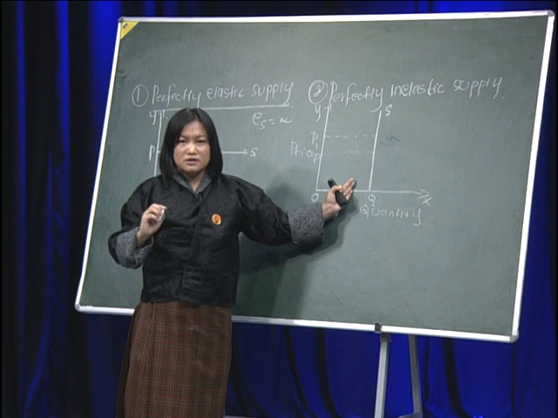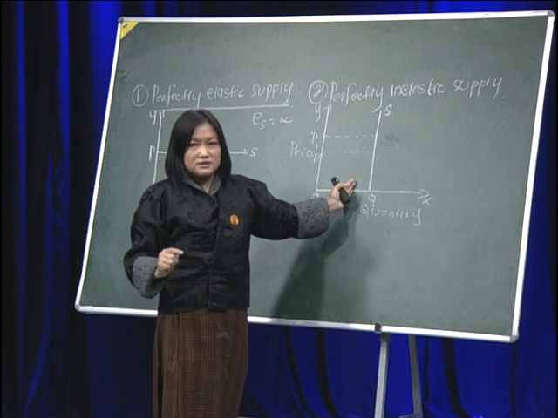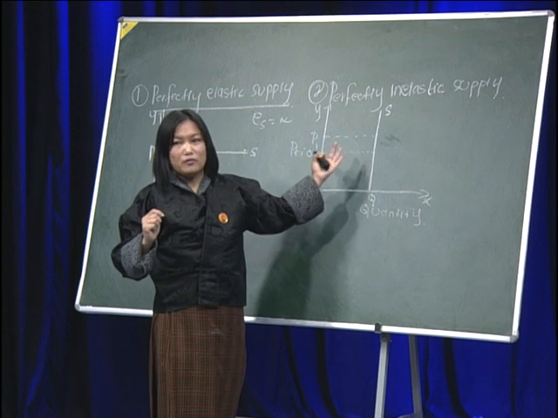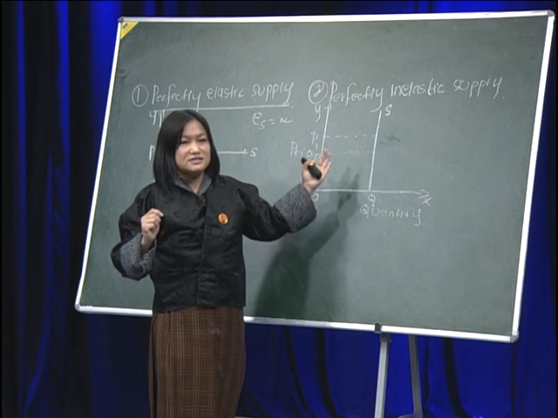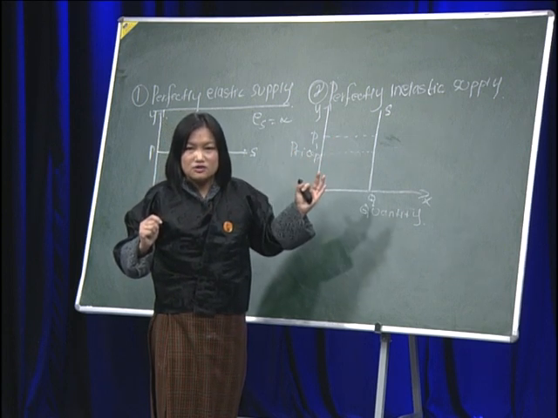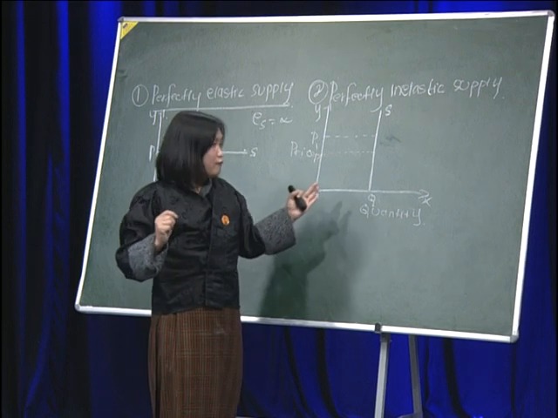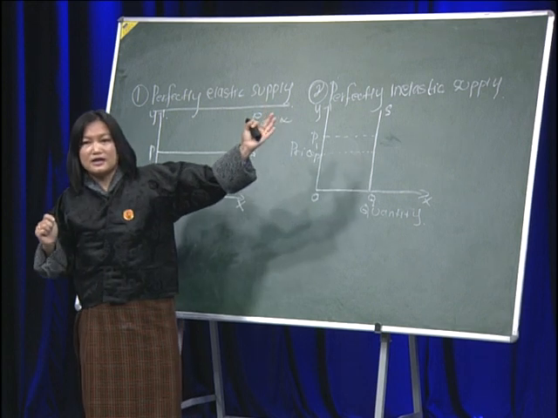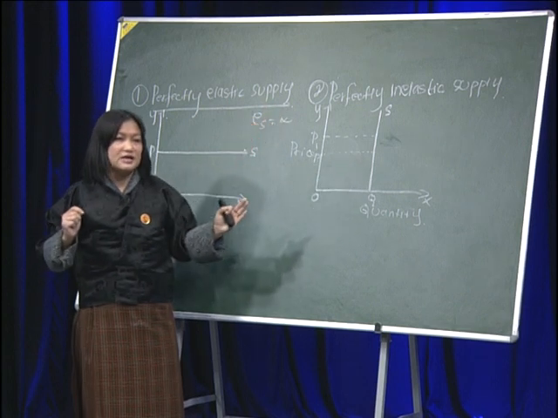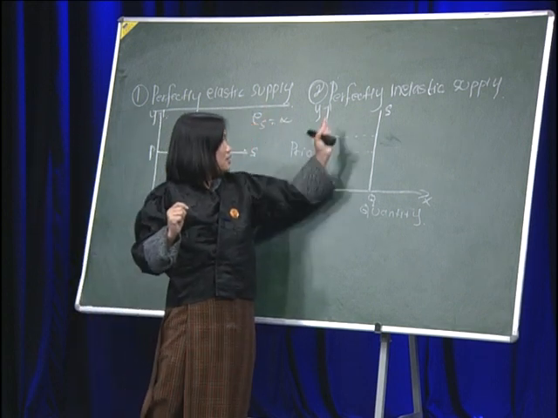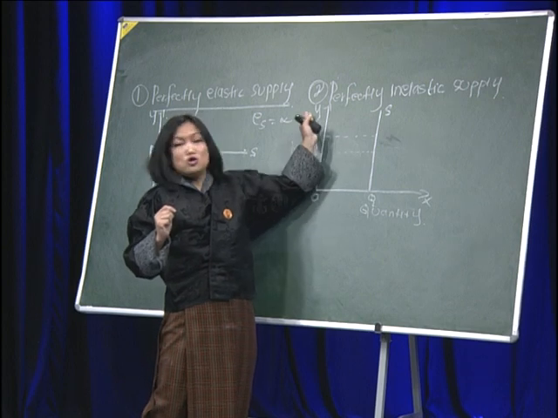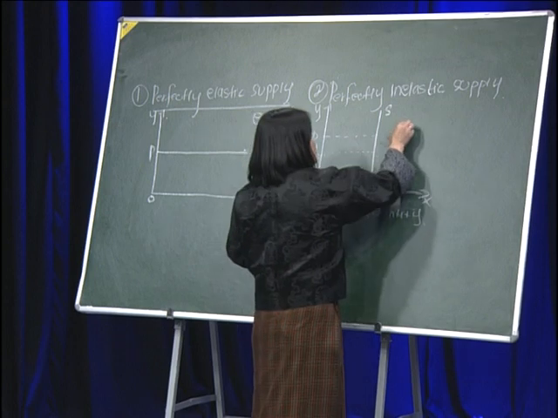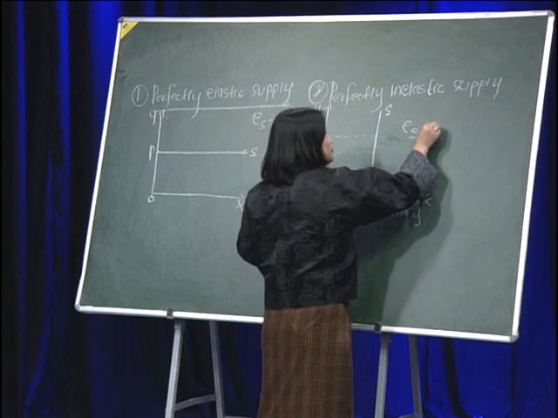Meaning that at any given price, the quantity supplied does not change, or the supply is completely inelastic. So therefore, this type of supply is called perfectly inelastic supply. You'll see that the supply curve is parallel to the y-axis. So therefore, we have the value of elasticity of supply equal to 0.